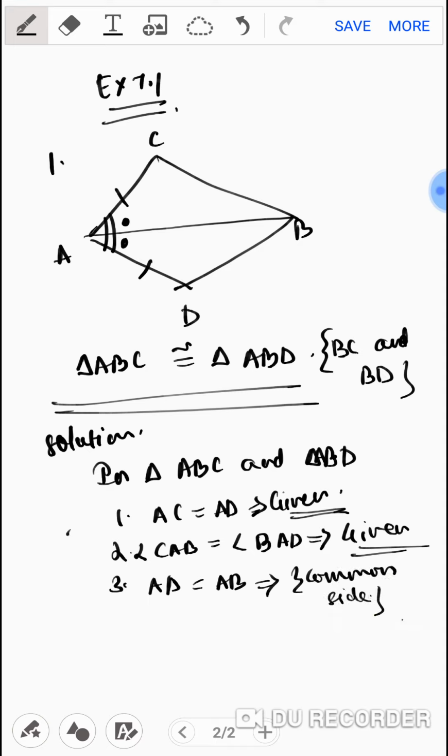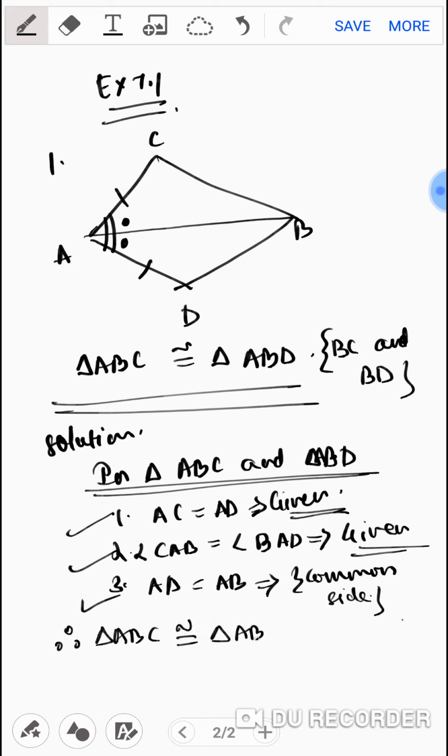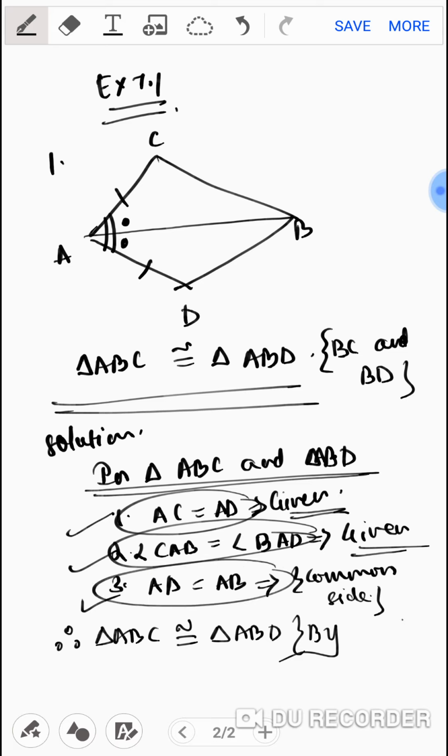So once you got three main reasons to prove that your two triangles are congruent, you will write therefore triangle ABC is congruent to triangle ABD by which test? It is side angle side. So we will write SAS test. Clear?